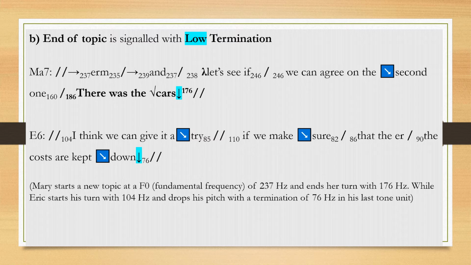The higher the number, the higher the pitch level, and the lower the number, the lower the pitch level. In terms of Brazil's discourse analysis, that could be high key or low key, or high termination or low termination.